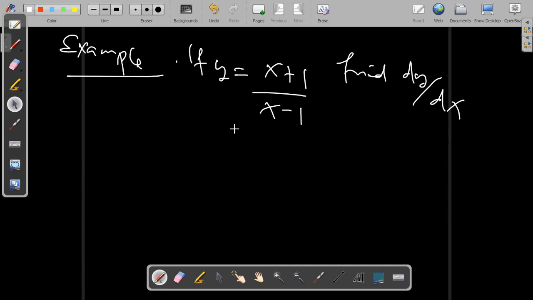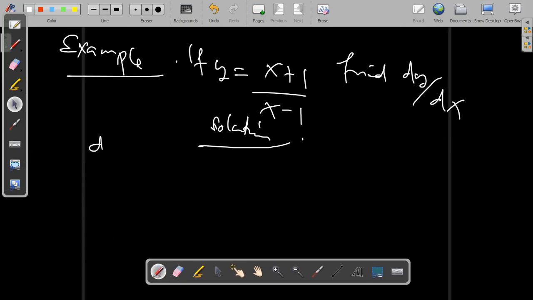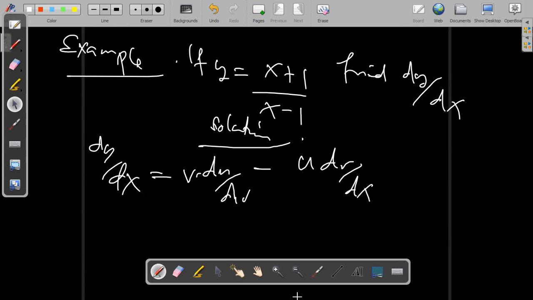When we apply the formula, the quotient rule formula, we normally take dy over dx is equal to v times du over dx minus u dv over dx, over v squared.